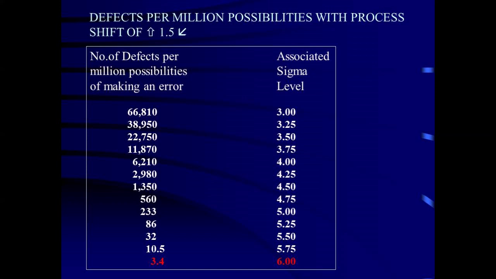That means out of 10 lakh pieces, only 3.4. That means around 3 or 4 would be at the most going outside the limits. So that means 100% inspection would be impossible, because no 100% inspection has the ability to really detect 3 or 4 out of a million, if at all it happens.